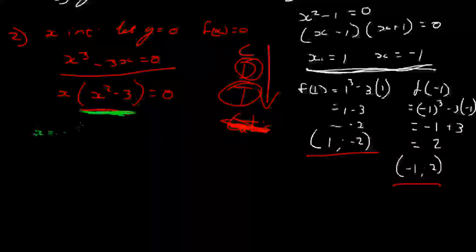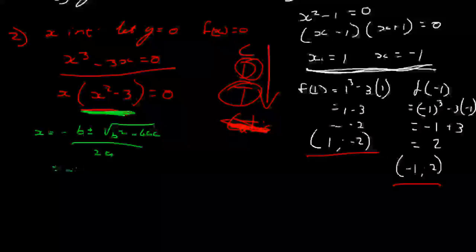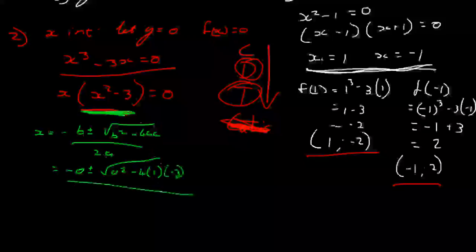x equals negative b plus or minus the square root of b squared minus 4ac over 2a. b is the coefficient of the x term, which is 0 because there is no x term. So it's equal to negative 0 plus or minus the square root of 0 squared minus 4. a is the number in front of the x squared, which is 1. c is the constant, which is minus 3, over 2a, which is 2 times 1.